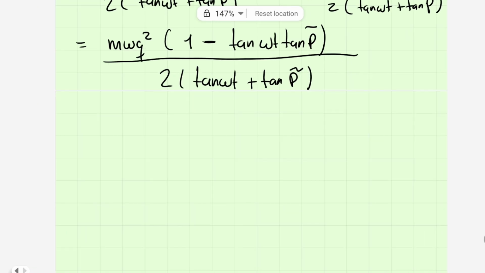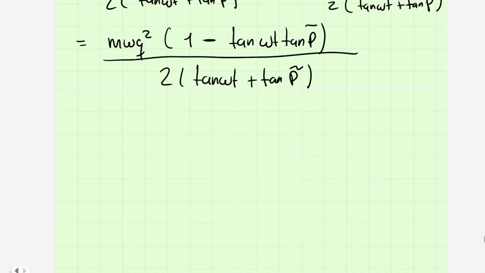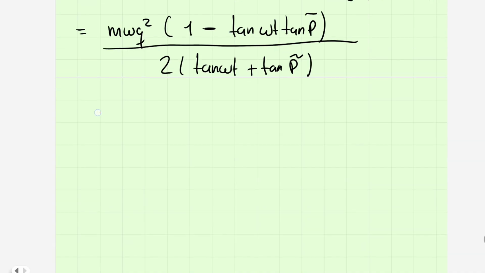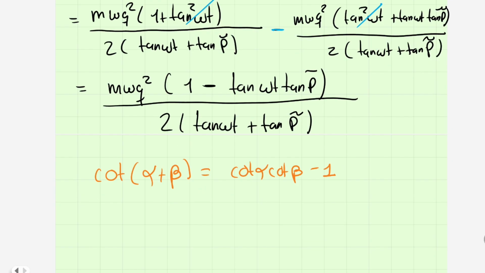Perfect. So here is where we are going to remember a very well-known trigonometric identity that says that cotangent of alpha plus beta is equal to cotangent of alpha, cotangent of beta minus 1 divided by cotangent of alpha plus cotangent of beta. Sorry, actually this is a sum, right?